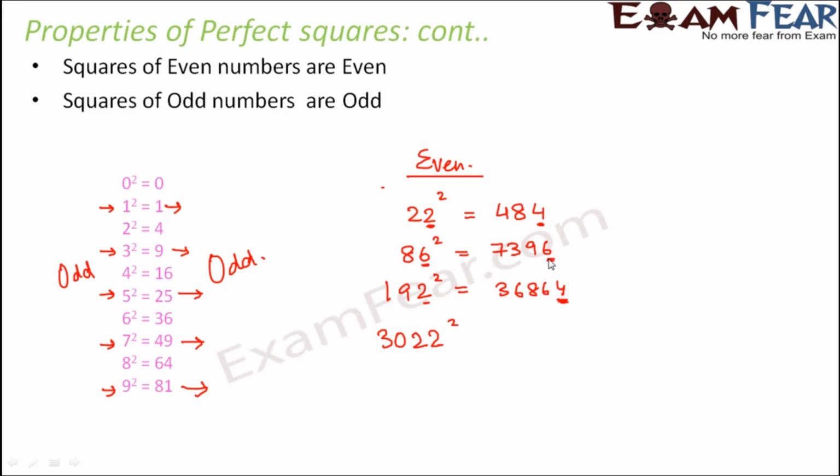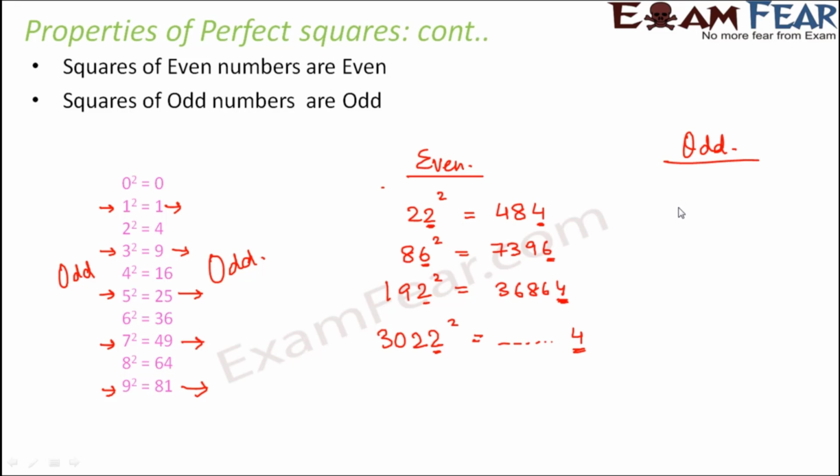Here the units place is 6, so the units place would be 6 because 6 square is 36. Units place again 2, so this would be 4. With that logic also this holds true, that whenever you square an even number, the result is also an even number. Whatever the result may be, at the end you will have a 4 because it is 2 here. So 2 square is 4.